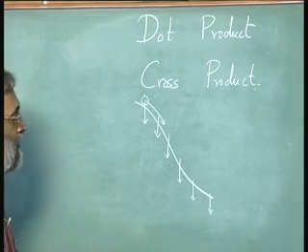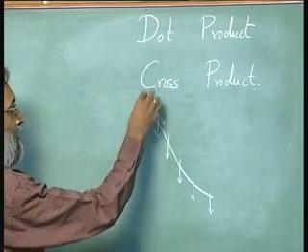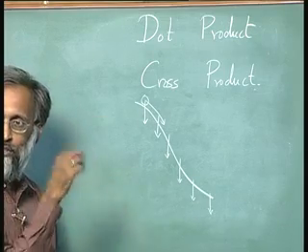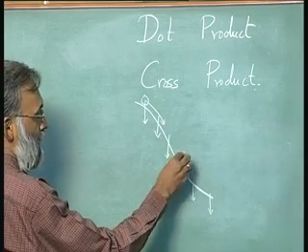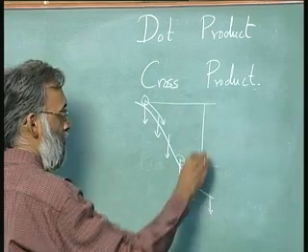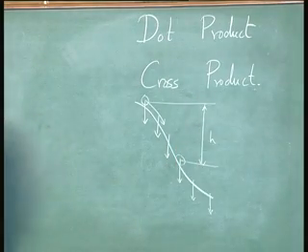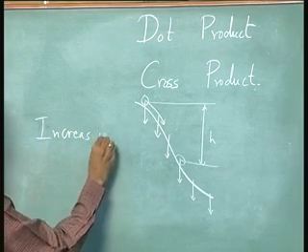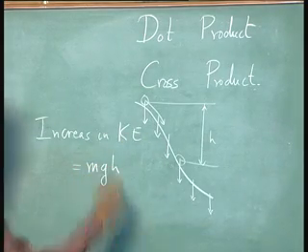And we know that if this were frictionless, the kinetic energy of the ball, if you add up both the rotational energy and the falling energy, when it reaches here is related to the loss of potential energy. So, we know that the increase in kinetic energy is equal to mgh.